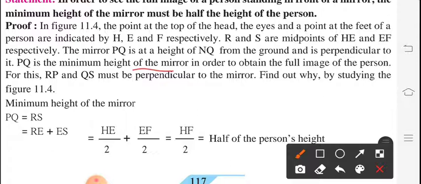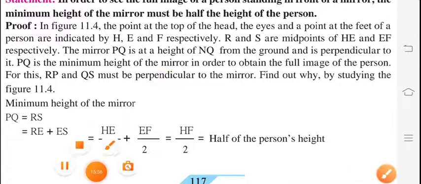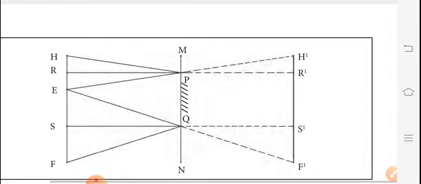So find out the minimum height of the mirror. As we know, the mirror's distance from the person is the same as the height of the mirror from the ground. So definitely that height of the mirror and the distance between mirror and person are both equal.